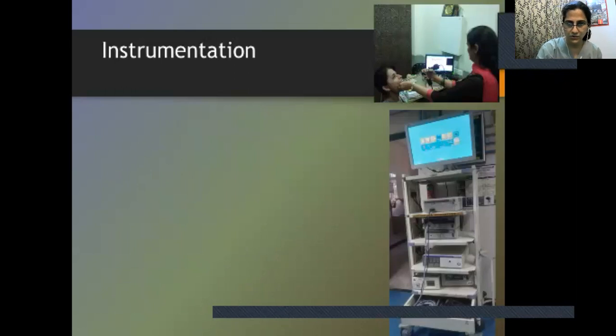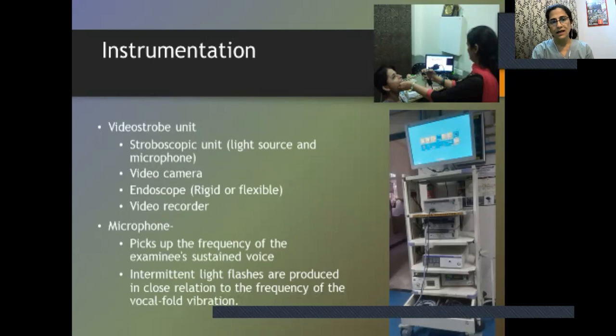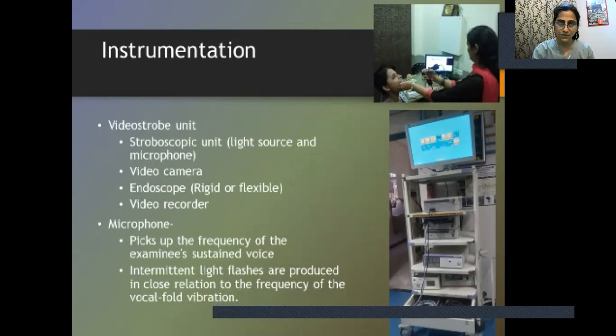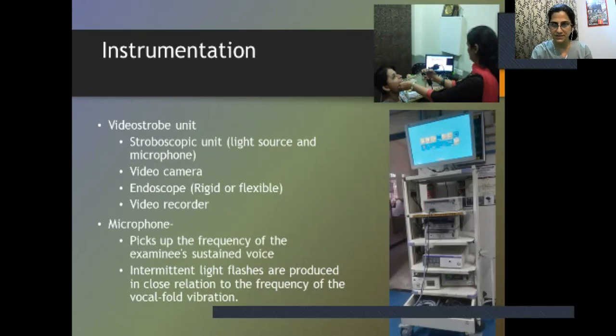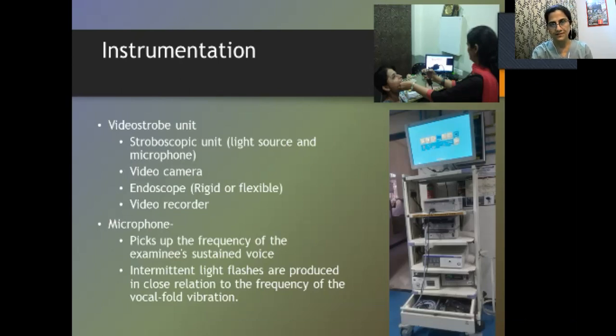You require an endoscope camera, a stroboscopic light source, and the endoscope itself, and a microphone which is placed very close to the patient's mouth or over the neck. It picks up the frequency of the patient's sound, and this is fed to the stroboscopic light source, which flashes at a frequency which is close to the frequency of the vocal cord vibration.